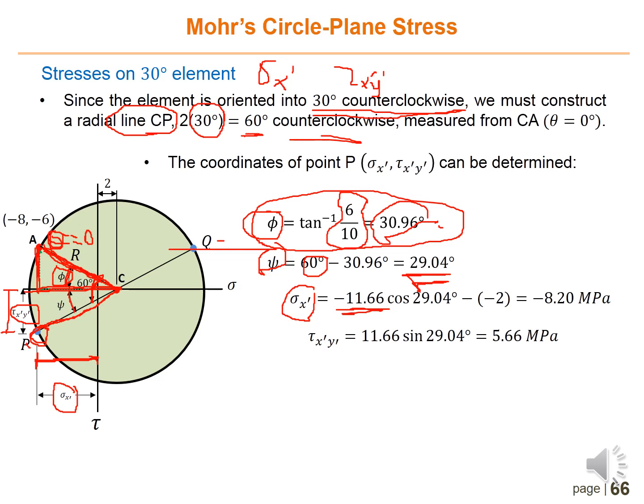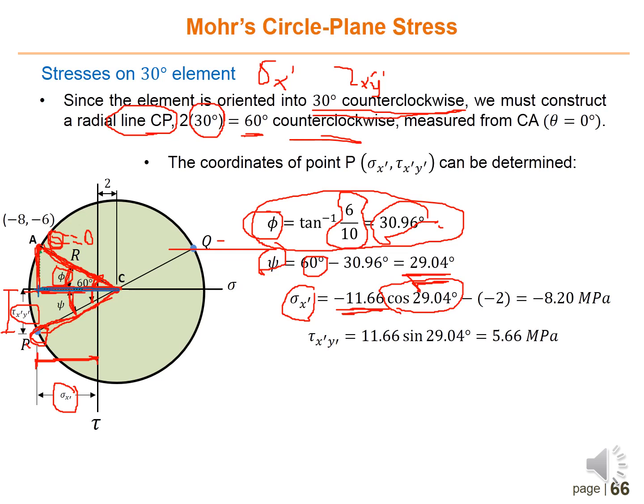So you have to project this value onto this axis. Since we know the angle in between, it is 11.66 cosine 29.04. So you get the distance from here to here.